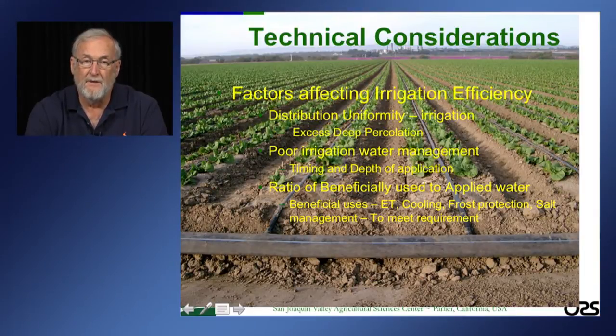But oftentimes you have an additional requirement, and this might be cooling of the crop, you might have frost protection, and one most people are familiar with is salt management. And this is the idea that you're going to provide an extra increment of water to leach salts out of the profile such that you don't impact the crop development.